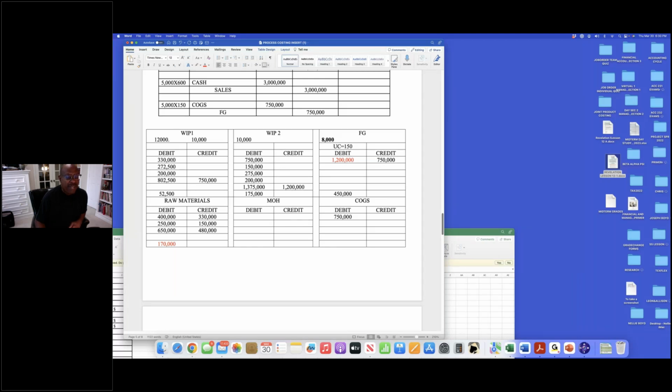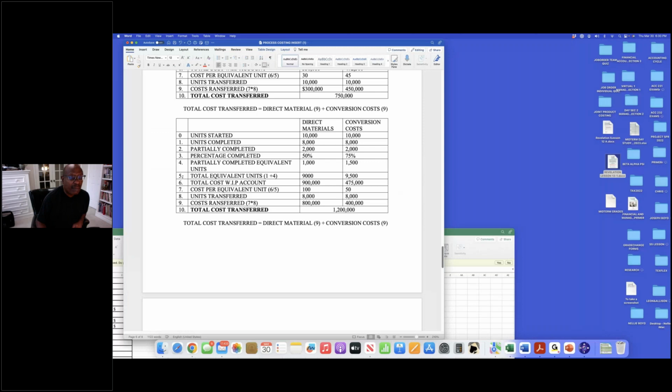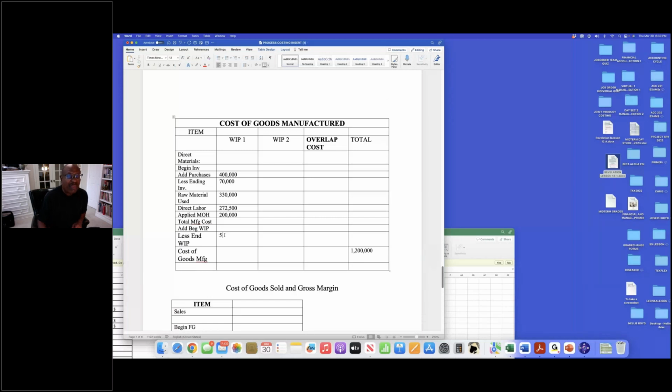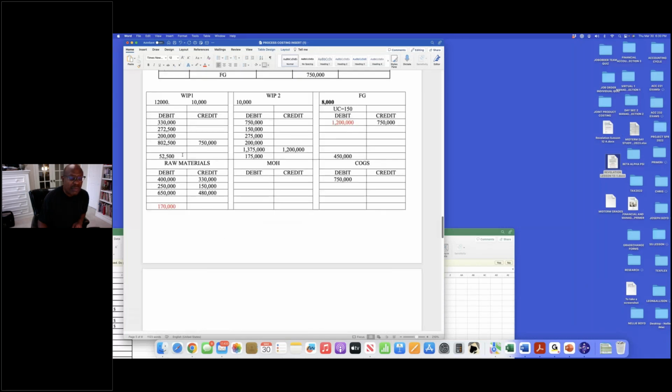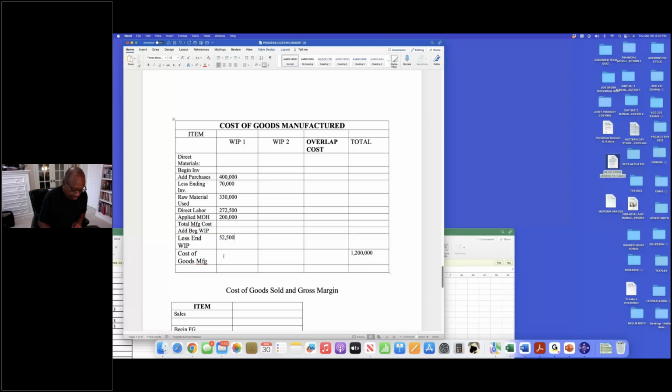We have 52.5 left. The total was what, 802,500.